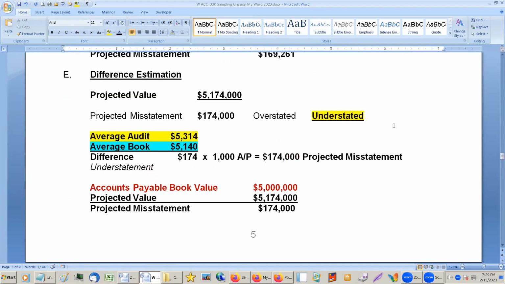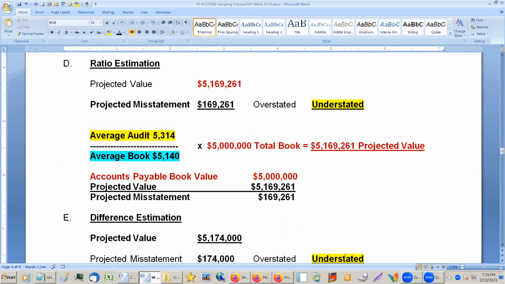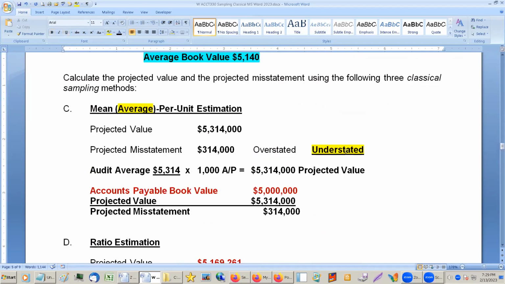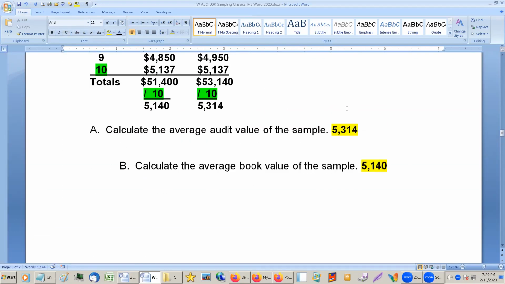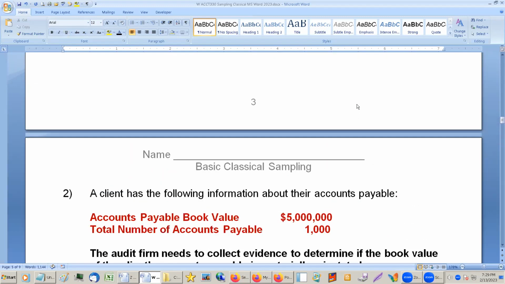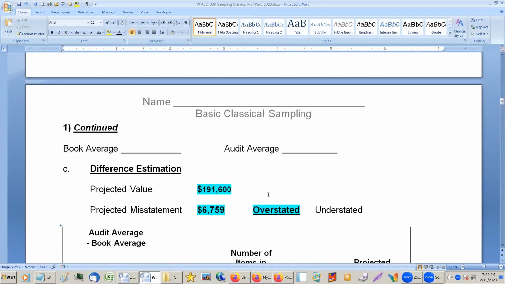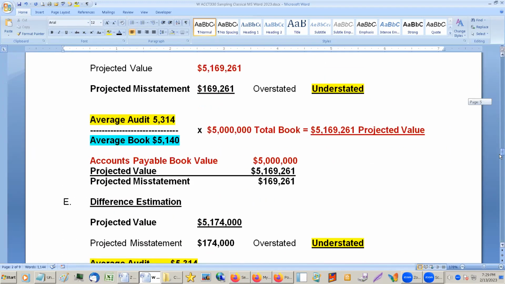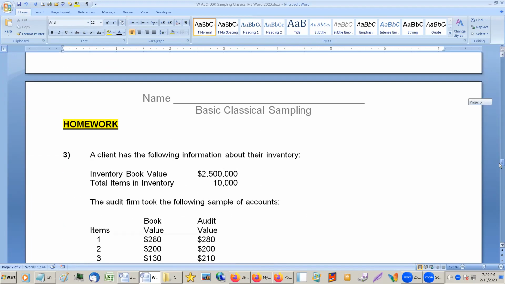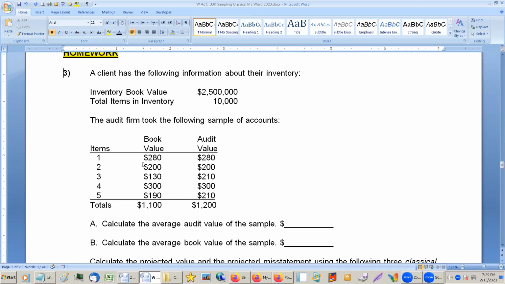The ones we've done so far, all of these were understated. The first one we did, they were all overstated. But you're going to get a mixed bag of over and understatement for number 3. So you're not doing it wrong if you come up with one being overstated, one being understated. It's just a method.